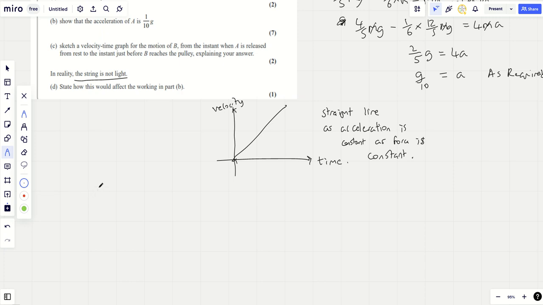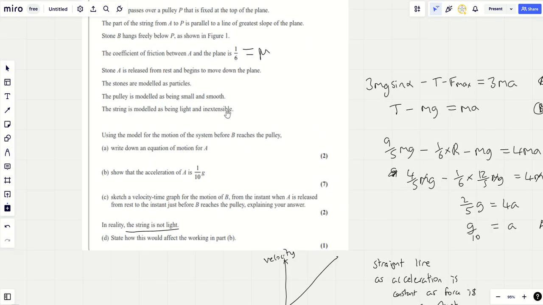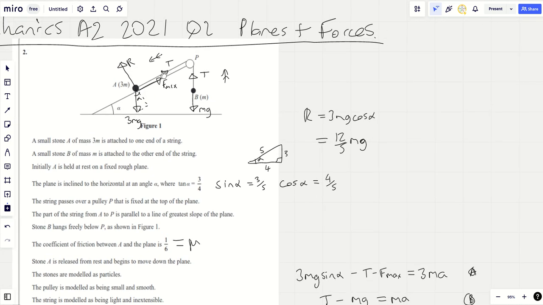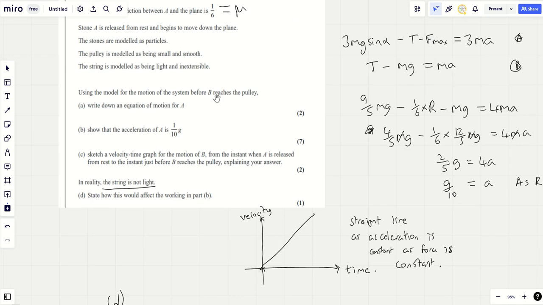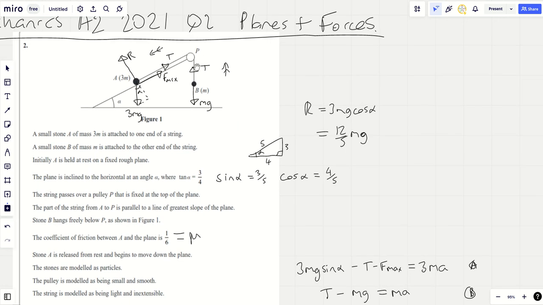Okay, in reality, the string is not light. State how this would affect the working in part B. Okay, if the string isn't light, if the string has mass, then all of a sudden the tension here is going to be different to the tension here. The tension on A, basically, if the string has mass, and it depends where the center of mass is, but as this passes over, the tension is going to vary, just because the weight of the string is moving, if you like, from this side to this side, and so that changes the tension on both sides.